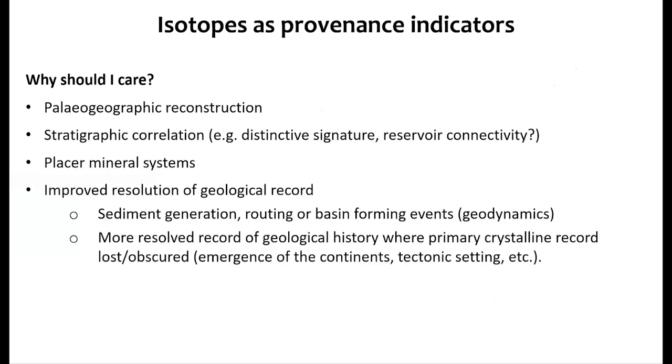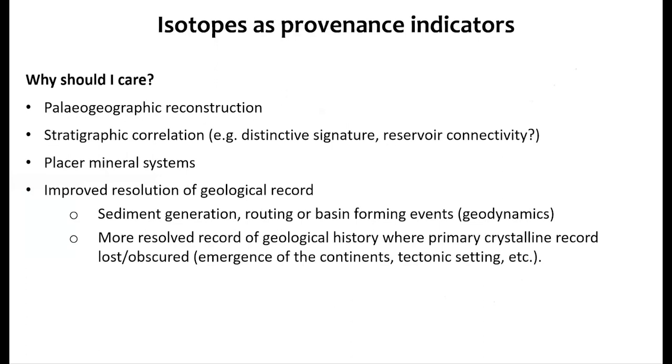But obviously from a more academic perspective, we use it for improved resolution of the geological record. Due to the lovely processes of weathering and erosion, that tends to destroy a lot of the primary crystalline metamorphic and igneous rocks that most of you heathens are interested in.